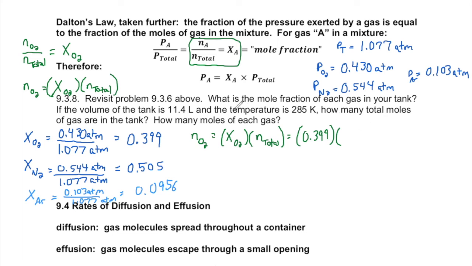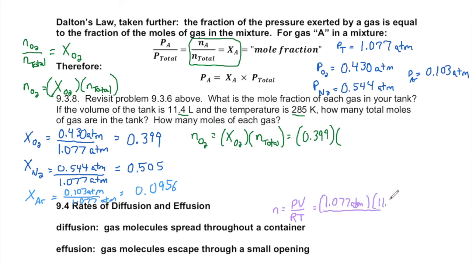We're not told that directly, we're just given the volume and the temperature. So let's go ahead and use some ideal gas law to figure that out. The moles of a gas are the pressure times the volume over the R times the temperature. Our total moles, we're going to figure out the total moles using the total pressure. So 1.077 atmospheres total in the tank.